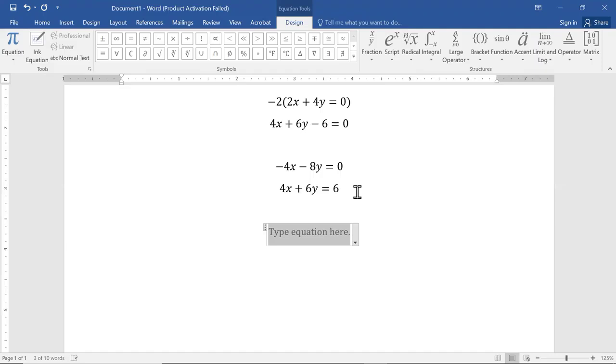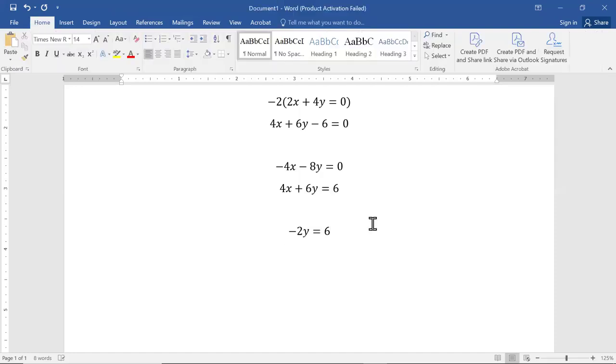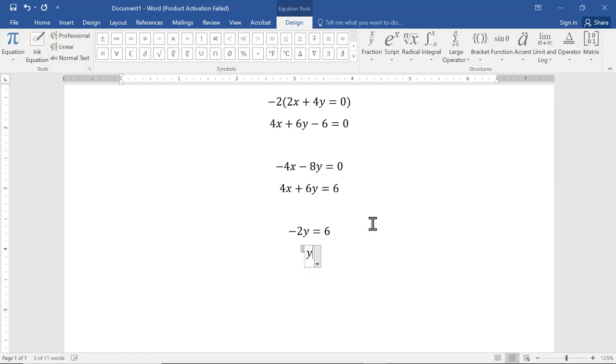Then add the y values, -8y plus 6y gives -2y. The equal sign needs to line up, so it still becomes an equal. And then 0 plus 6 becomes 6. When I divide by -2, I can see that y is -3.